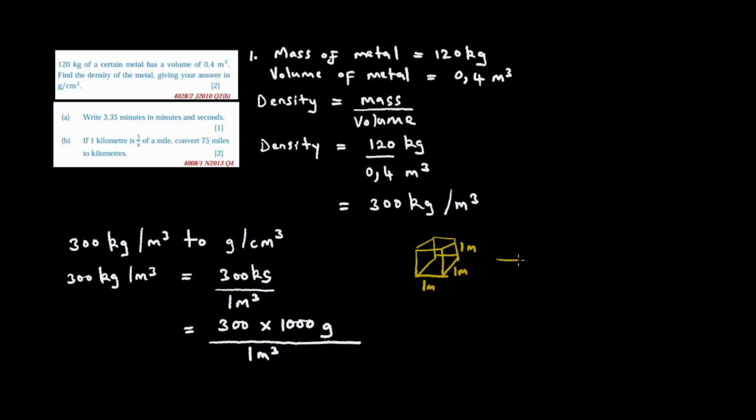Converting this to cubic centimeters, we still have the same cube. Instead of having a length of 1 meter, let us say our length is 100 centimeters. Then width here do total 100 centimeters and our height 100 centimeters.